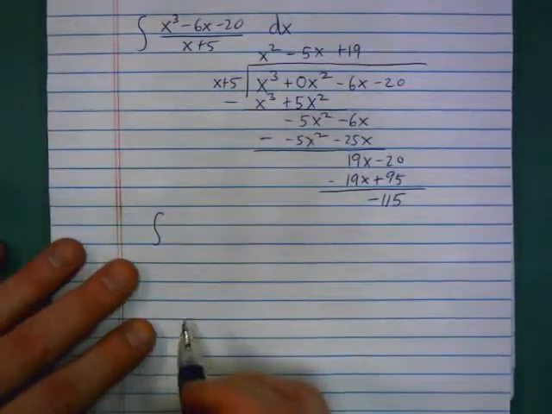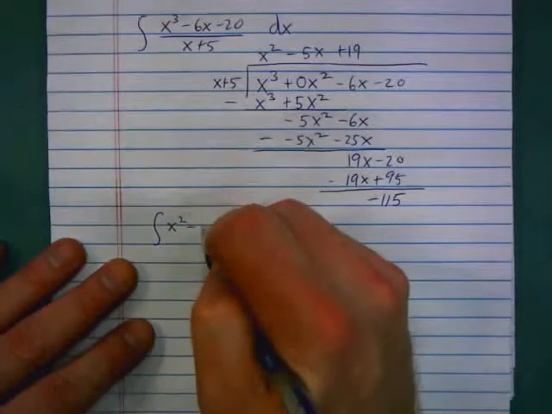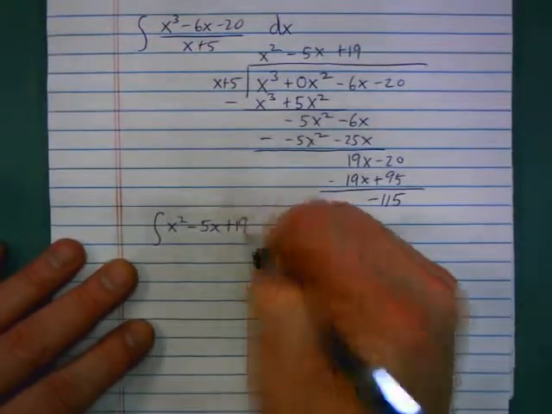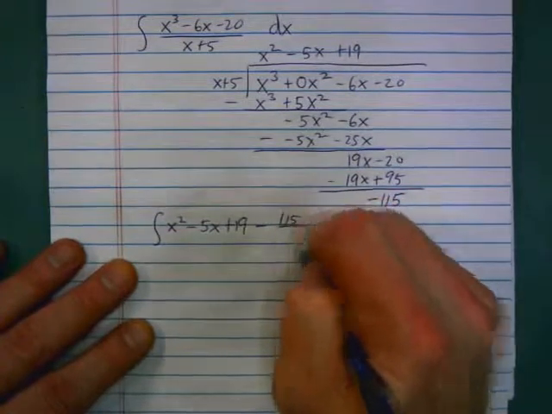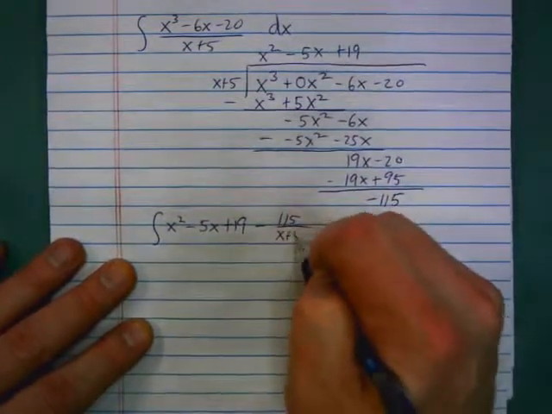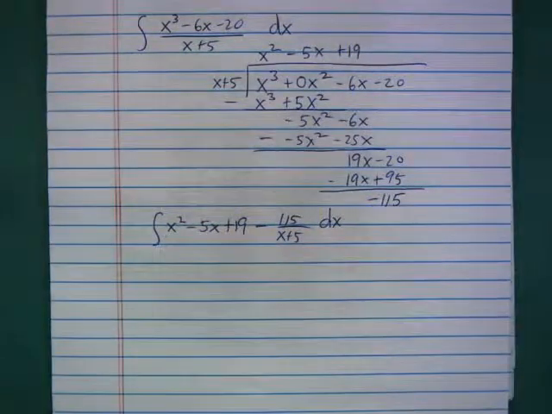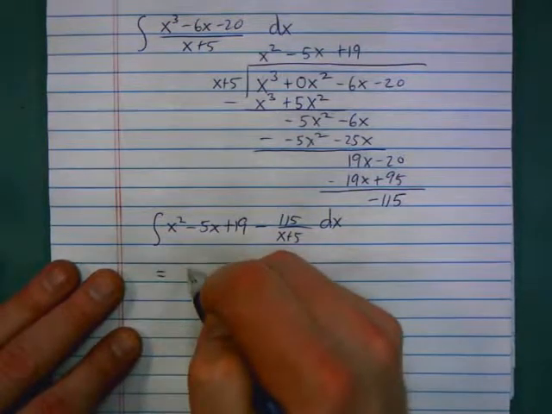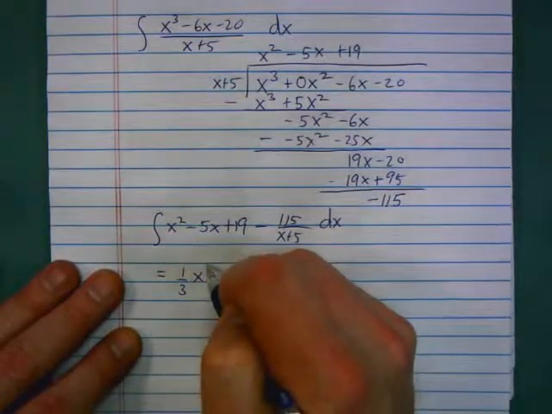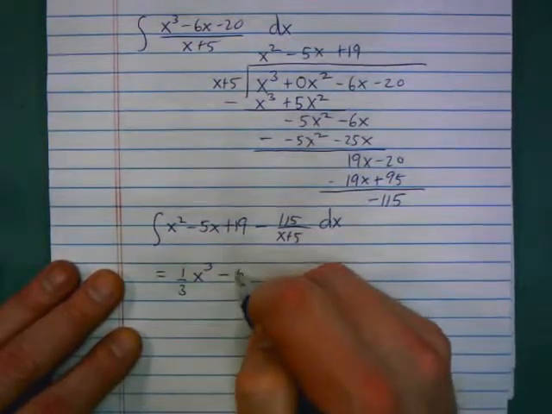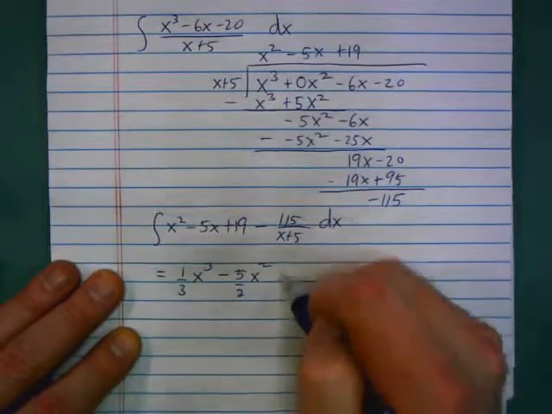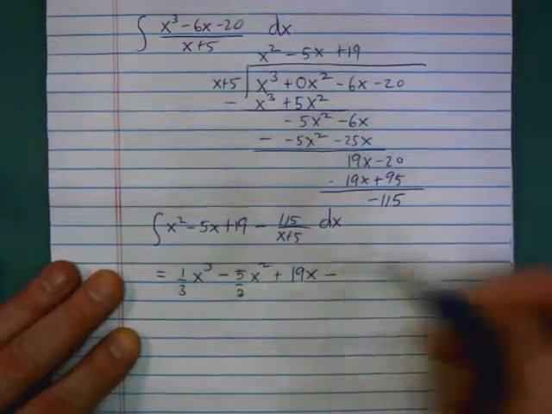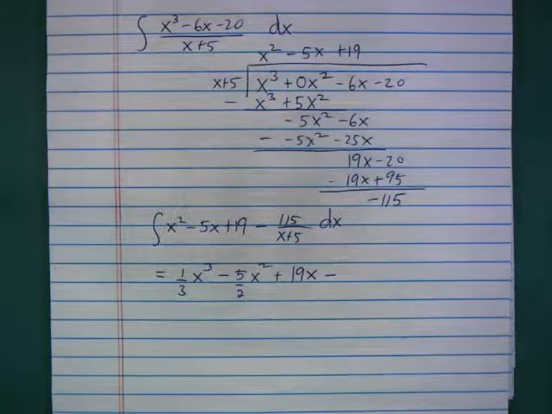All right, so our integral this time becomes the antiderivative of x squared minus 5x plus 19, and then my remainder is minus 115 over x plus 5. From there, pretty straightforward. Antiderivative of x squared is x cubed over 3 minus 5 halves x squared plus 19x minus, what's going to happen with this 115 over x plus 5?